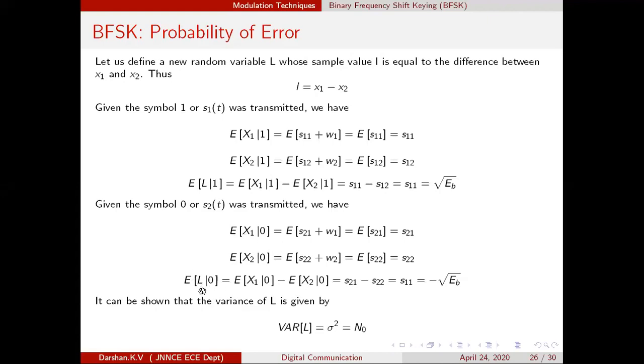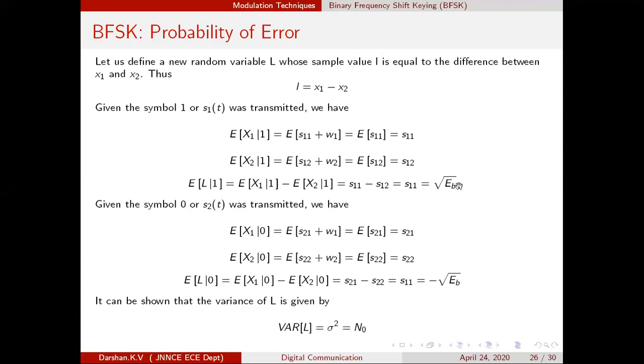What do you mean by this particular expression? This expression indicates that the mean of the random variable L under 0 transmission is minus root EB. How we were able to obtain this was told in the previous class.